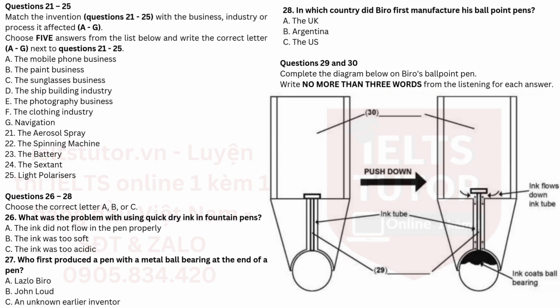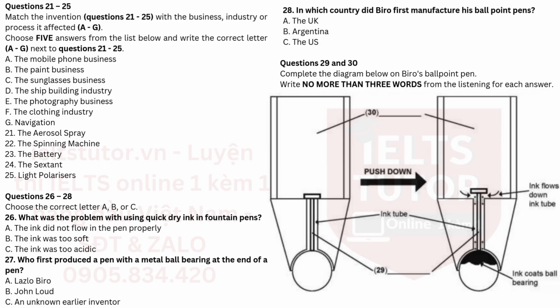Am I right in saying that the ballpoint pen was invented by a Hungarian? That's right. In the early 1930s, Laszlo Biro, a Hungarian journalist, thought about how printing ink could be used in a pen. Biro's idea was to fit a tiny metal ball bearing at the end of the pen. This was not a new idea. In 1888, the American John Loud patented a roller ball-tip marking pen.